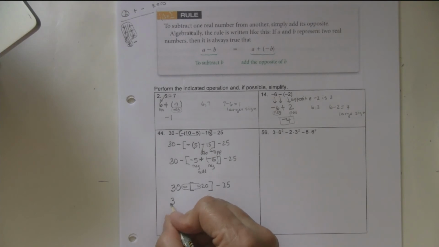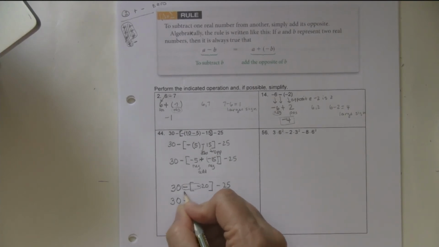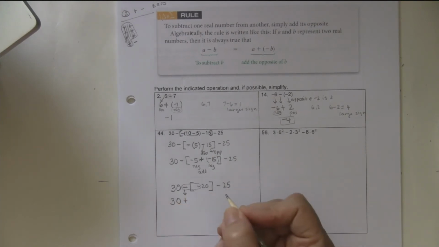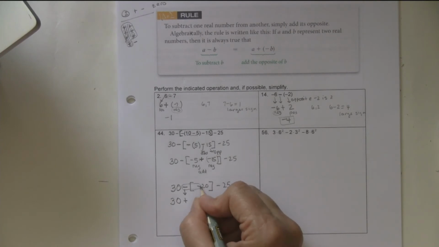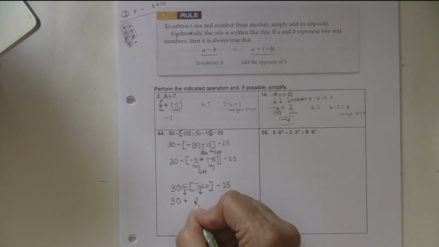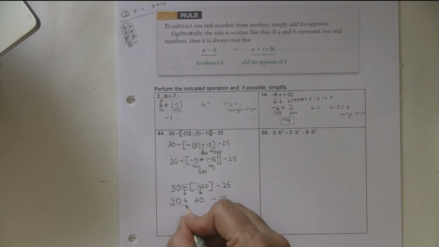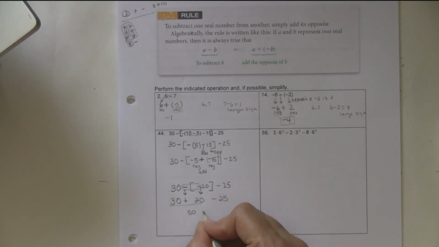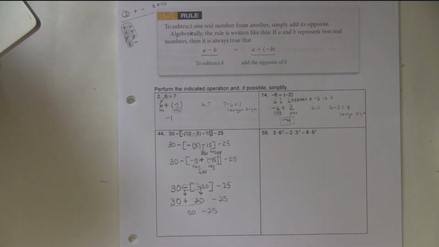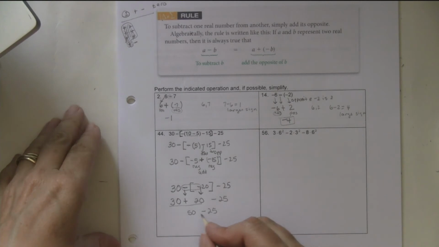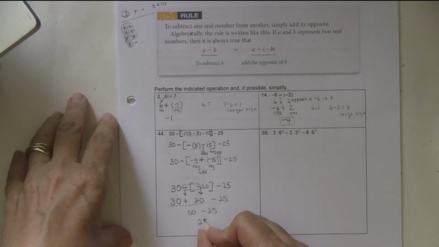So this is 30 plus, right? I'm changing the subtraction into an add, and then the opposite, so I've got to do two things, gives me 20, and then take away 25. Now I've got 50, take away 25, and I don't have 50 fingers, but if I did, I could think, this is just regular subtraction, so that's 25.